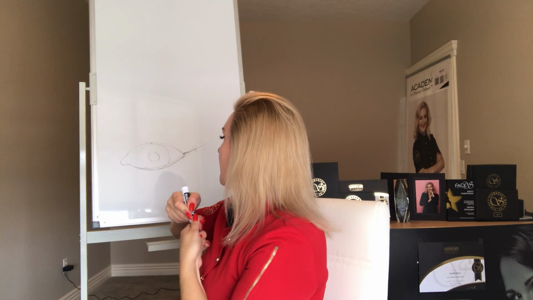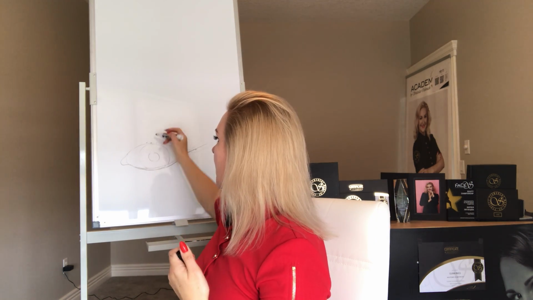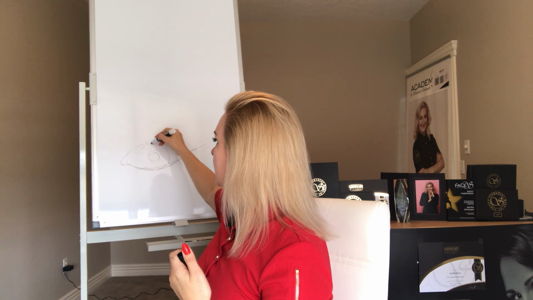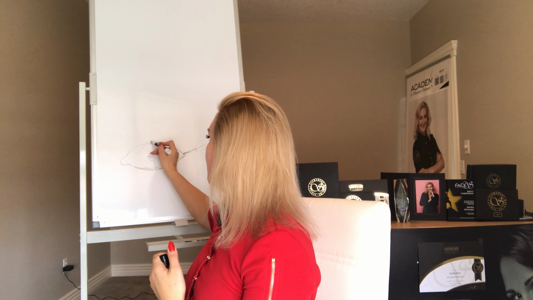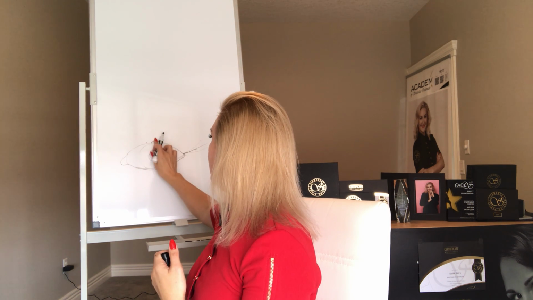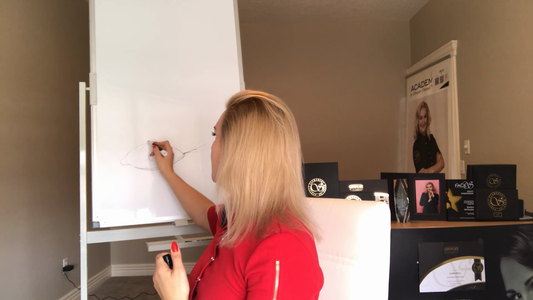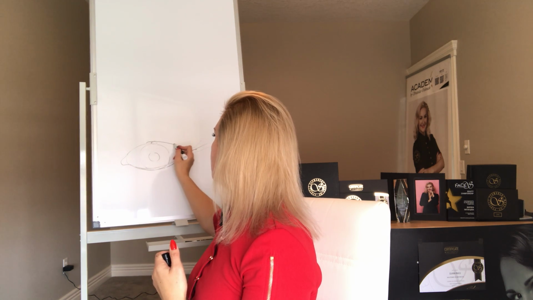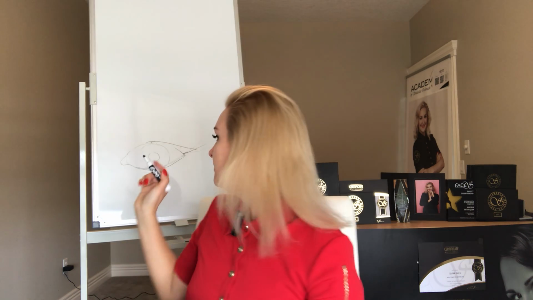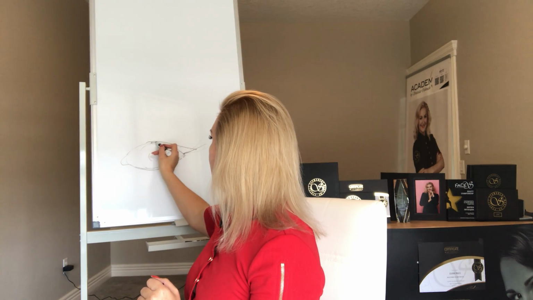Usually, first of all, I'm looking at the middle of the eye, and after that, I'm just drawing the line here or just dots like that, and then you can just connect these dots. And you can see now we have a very good eyeliner and shape of eyeliner.